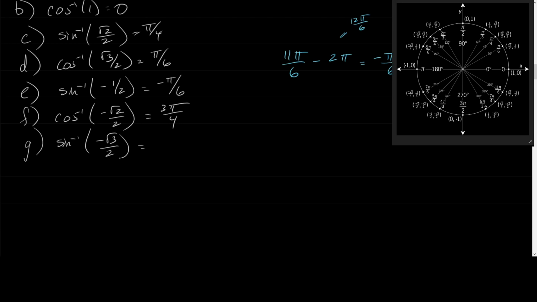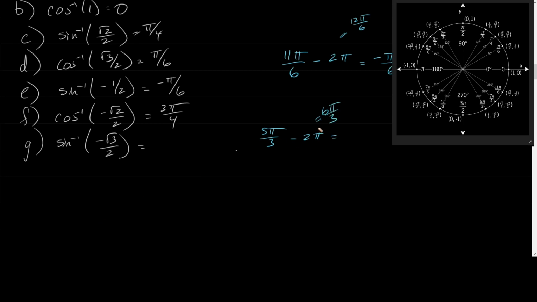But the problem with 5 pi over 3 is that it is outside of the range of sine inverse. Remember, we need to be between negative pi over 2 and positive pi over 2. So we would take a look at a coterminal angle. In here, 2 pi is the same thing as saying 6 pi over 3.